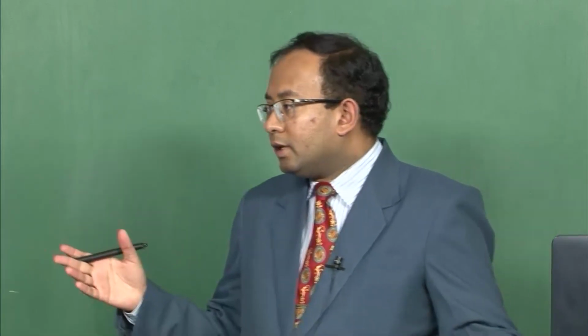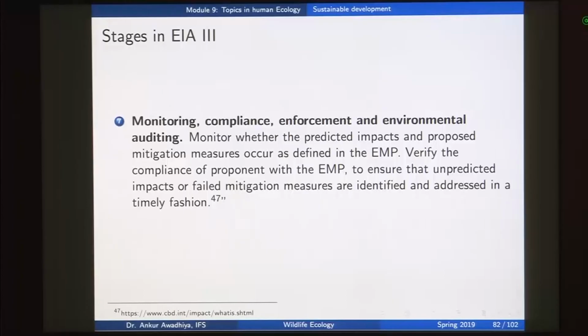So, this last stage will ask: is the company doing this effluent treatment in a proper manner, or is it just a sham, or are they leaving out quite a number of effluents, treating say only 10% of them? So, the environmental impact assessment does not end at making the report. After you have taken the decision, you also need to see whether the recommendations are being followed or not. So, that is one thing.